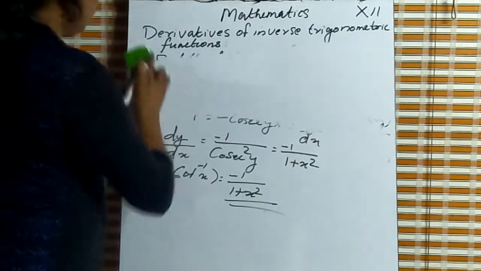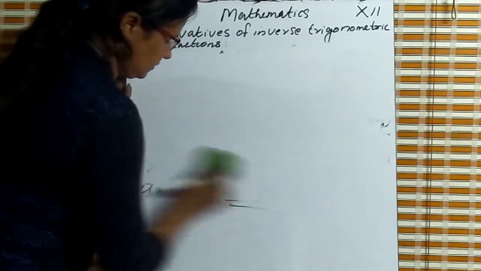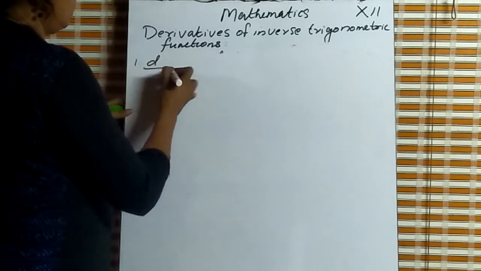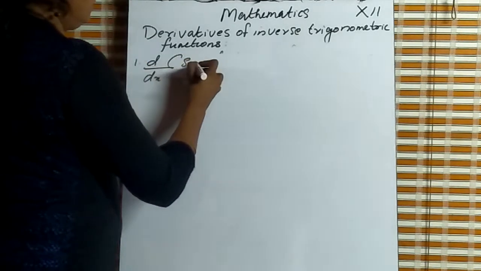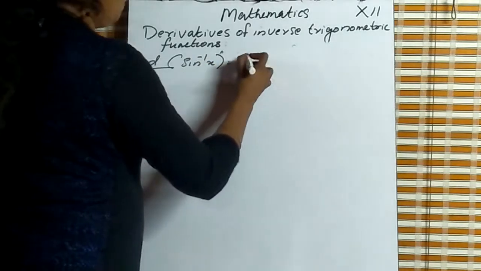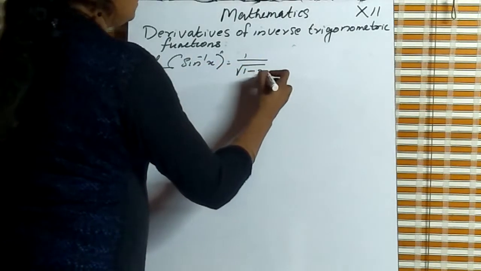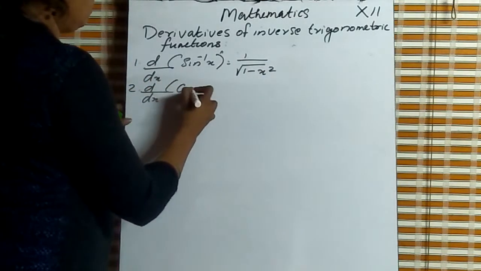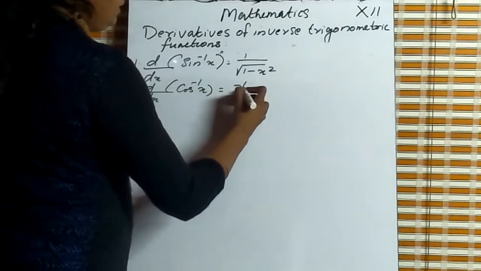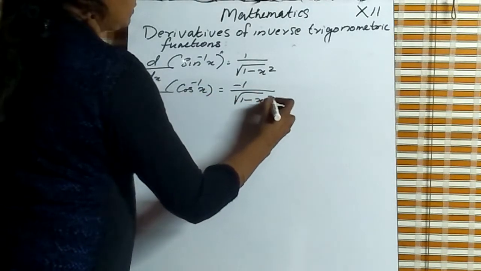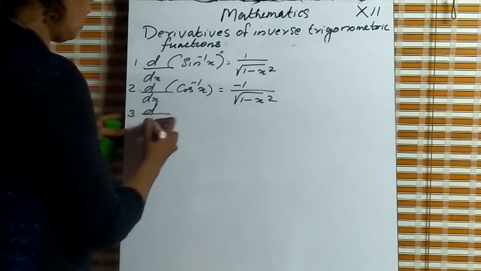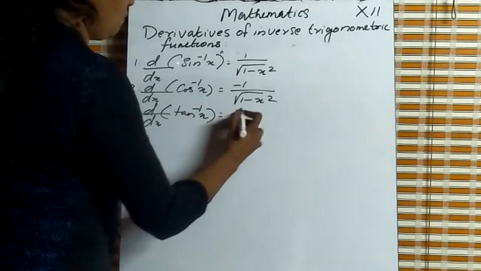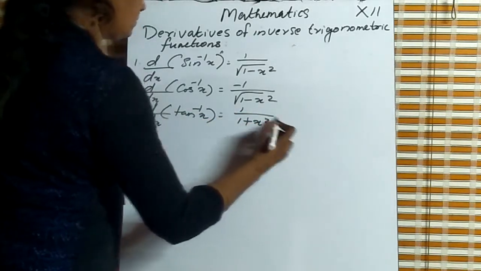We summarize again. Listen. First one, d by dx of sin inverse x is equal to 1 by root of 1 minus x square. Second, d by dx of cos inverse x is equal to minus 1 by root of 1 minus x square. Third, d by dx of tan inverse x is equal to 1 by 1 plus x square.